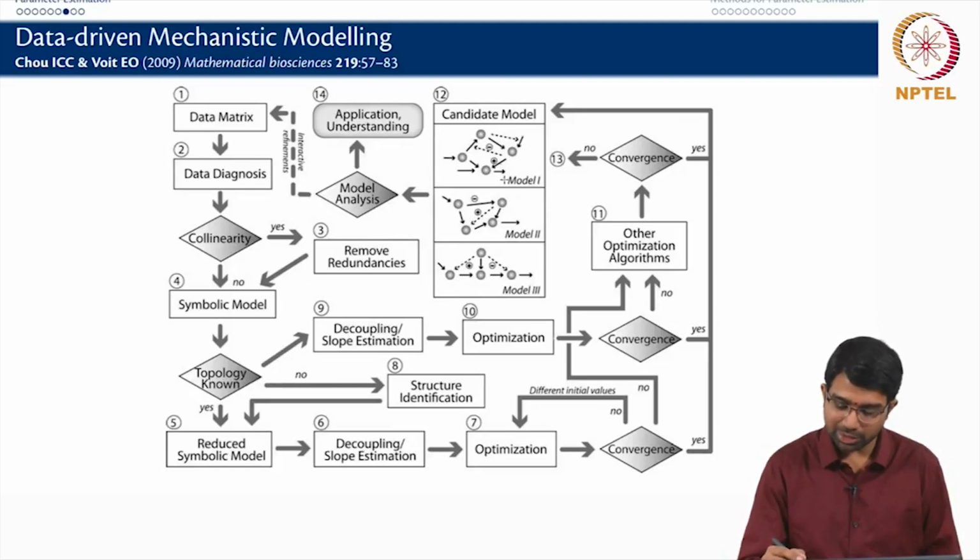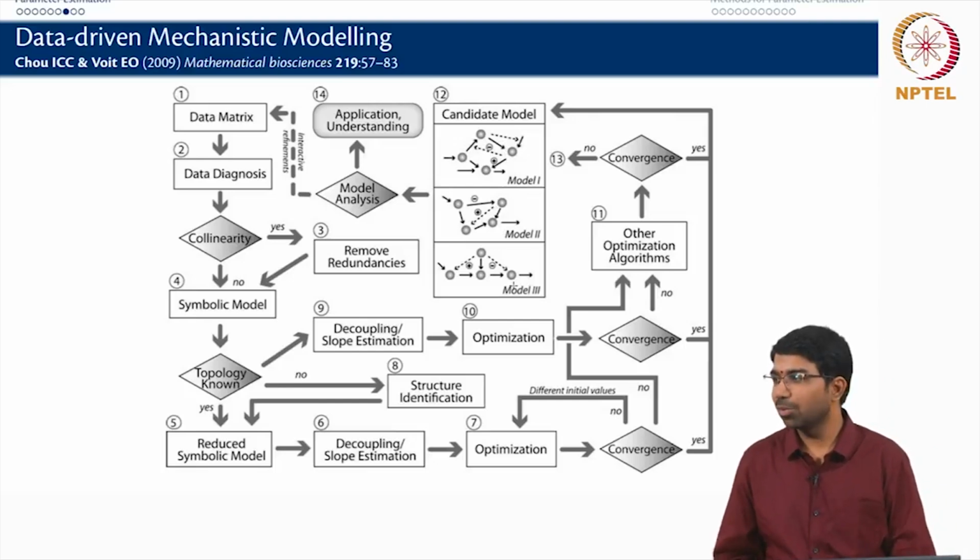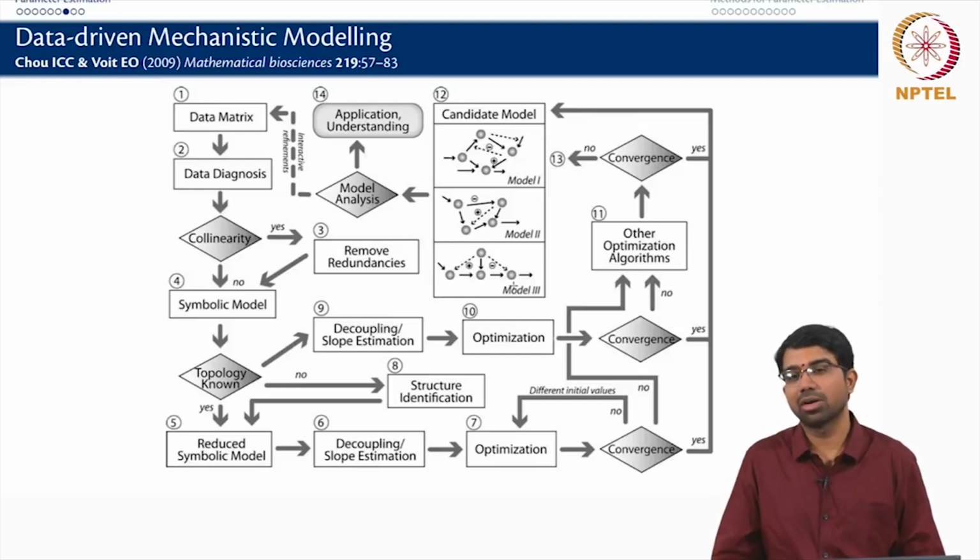So, if you see the topology of these 3 models vary, how do you pick the best? Given a model, given a topology, how do you say is this model good or not?